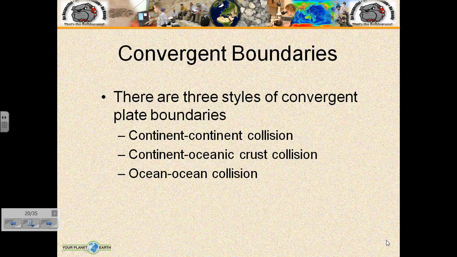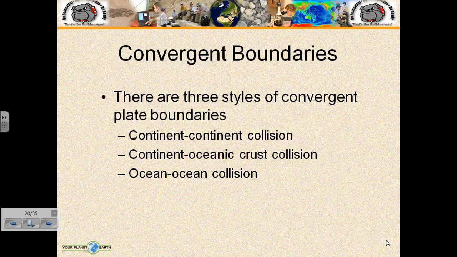Now, there are 3 styles of convergent boundaries. Within these 3 styles, they include continent-to-continent collisions, continent-to-oceanic crust collisions, and ocean-to-ocean collisions, and these refer specifically to the interaction between the types of crust.